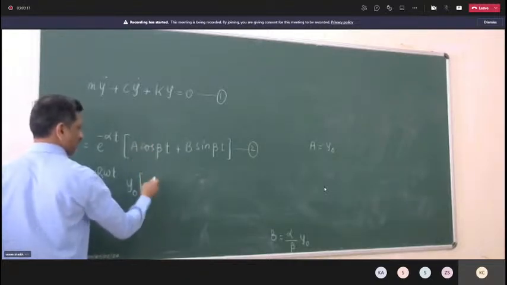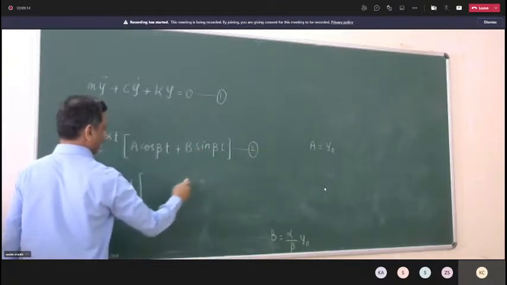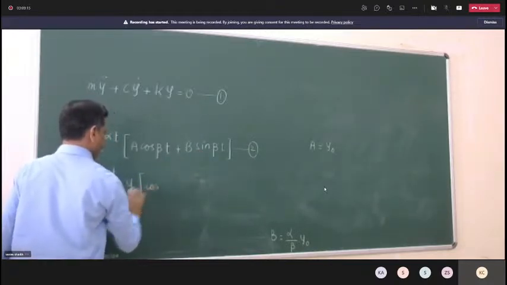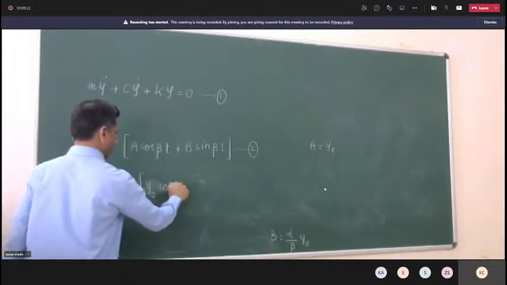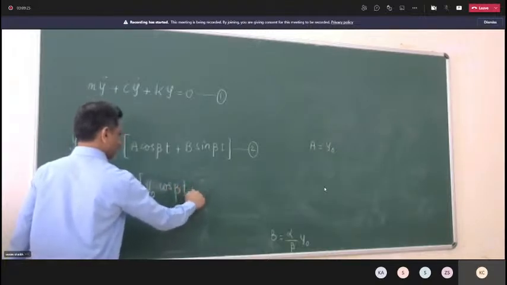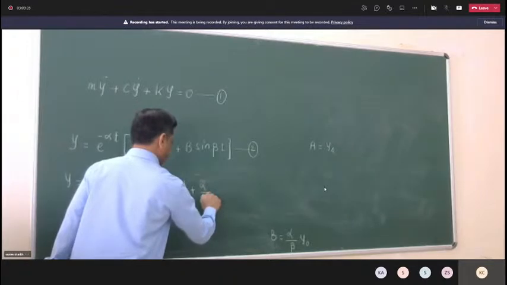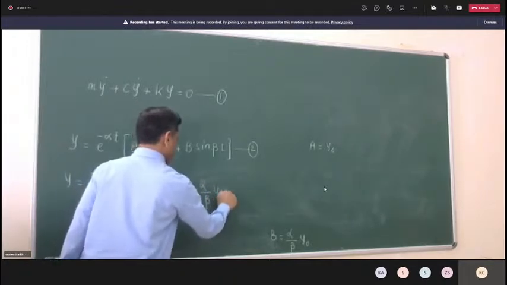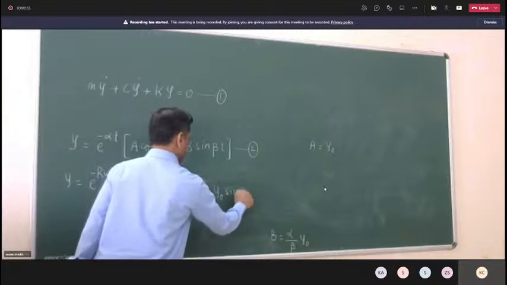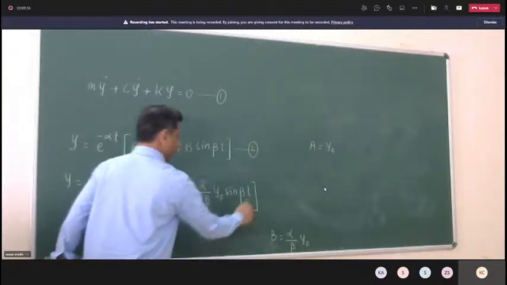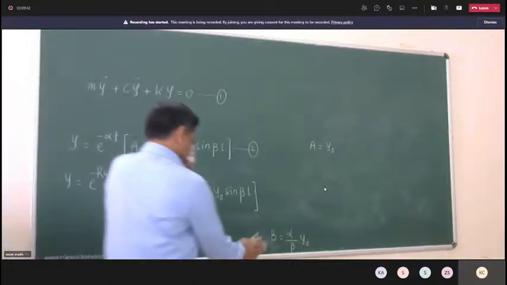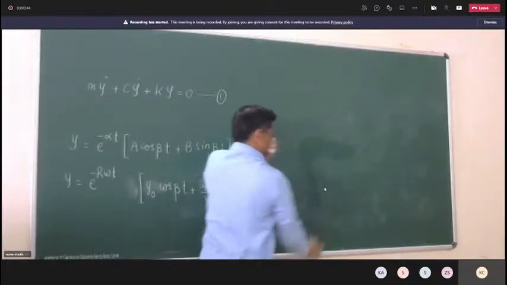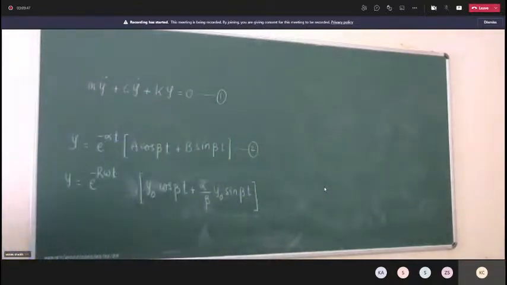A is y0 and B is alpha upon beta y0. So no need to take y0 common. You can write it as y0 cos beta t plus alpha upon beta y0 sin beta t. Got it? This is the equation of y.